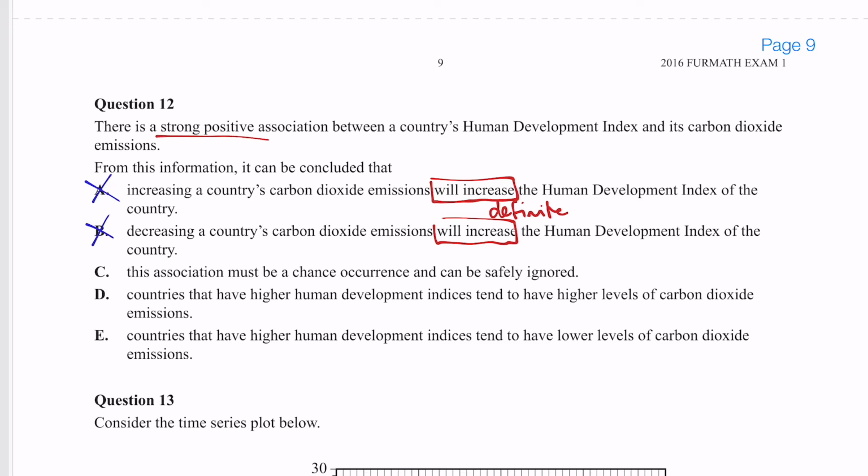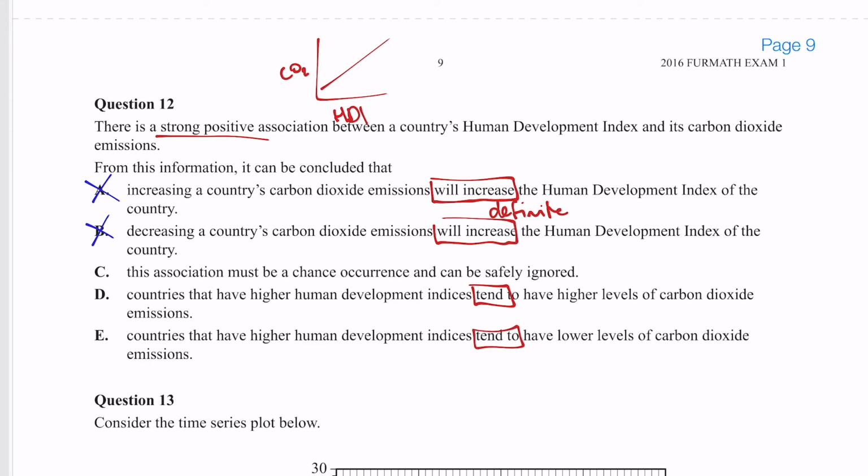So I like to draw a quick graph like that. So basically HDI and CO2 emissions. So as HDI increases, CO2 emissions increase, but that doesn't mean it definitely will increase. So whenever you see will increase, just cross those out immediately. Those are definitely wrong. What you want to look for are things like tend to.